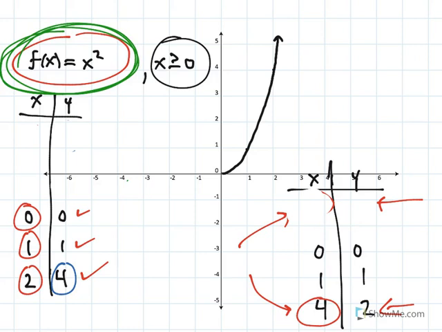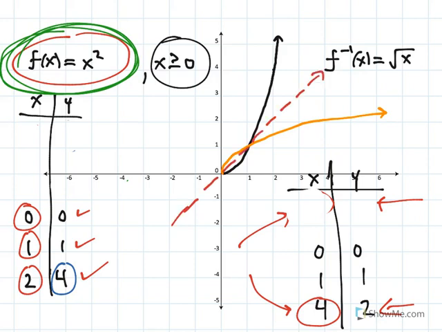And the inverse function on the restricted domain would be f inverse of x is equal to the positive square root of x. The graph of that inverse function is right here. And you can see that the graphs of the 2 functions are reflections of each other in the line y is equal to x.